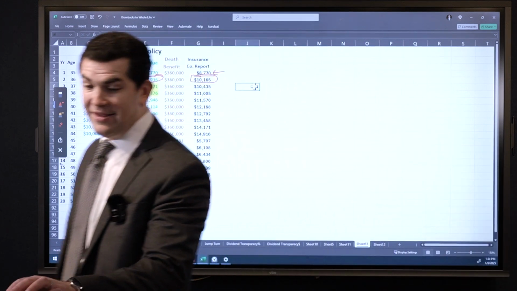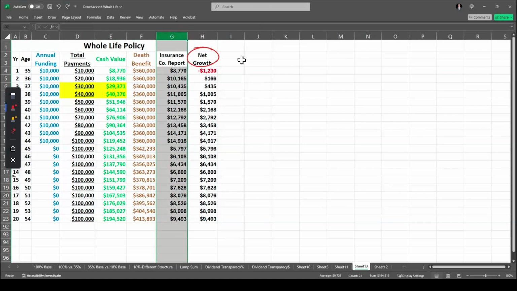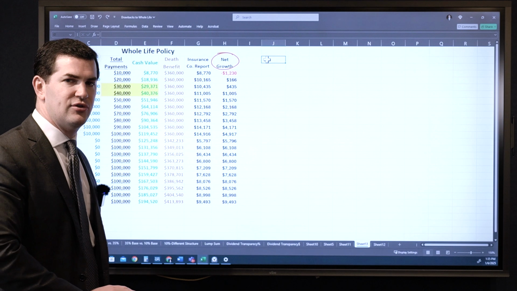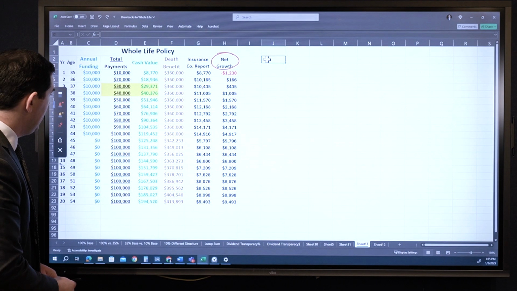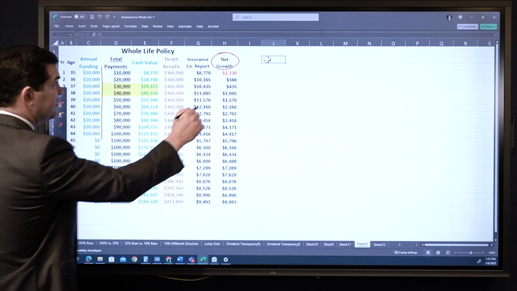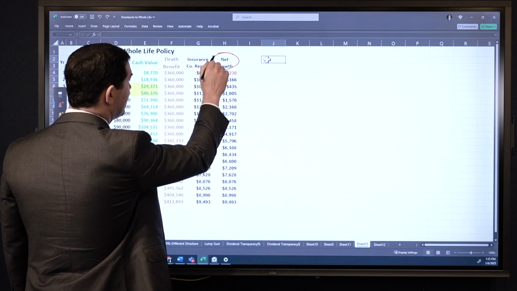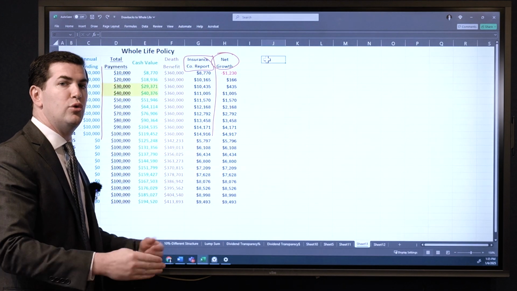So what I like to look at, and what most people like to look at, is the net growth. What this is going to isolate is how much you're getting from the insurance company net, not including your payments, just what did I get in total dividends and interest from them. And what you'll notice is when you're paying money in, these numbers are going to be different because that column we saw in the insurance company's report is always going to include your payment.